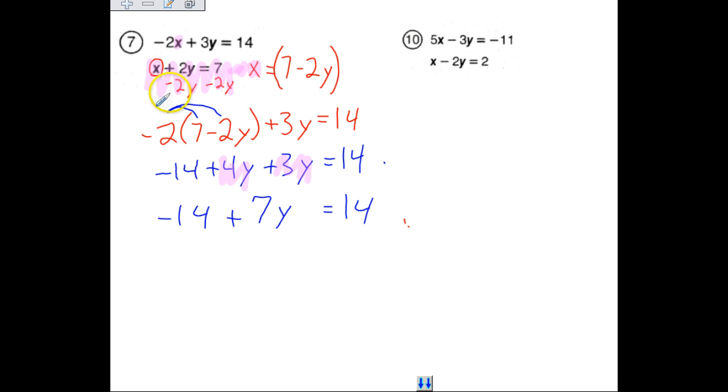This one we had to subtract 2y on both sides. This one we're going to add 2y on both sides. So, yeah, nothing really different about this one. So we have x equals 2y plus 2. And then that x is what we can plug in right here.